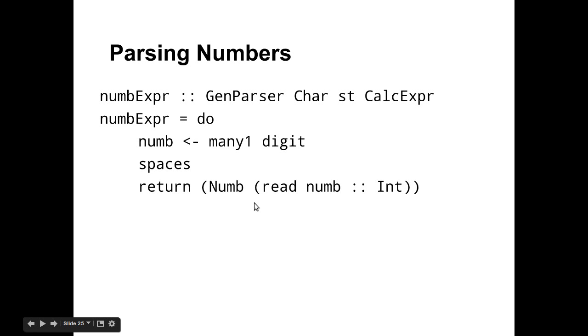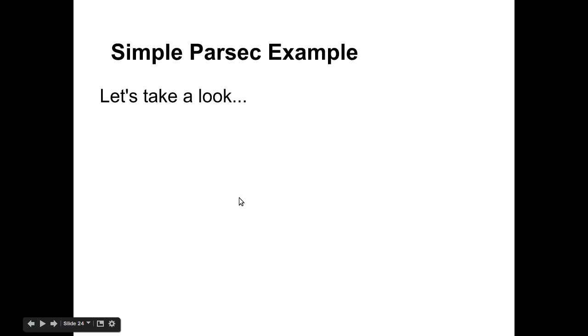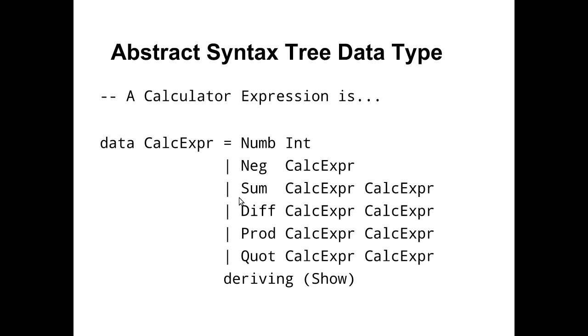And then we return this value, which is the integer value of the digits that we got, packaged up in this Number thing, which, if we go back a couple of slides, is one of the possible data constructors for this calc_expr data type, which is the abstract syntax tree data type.